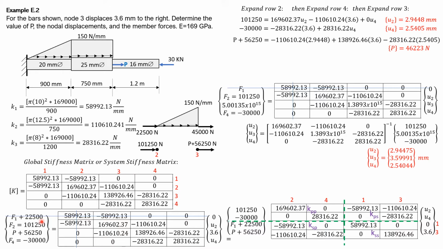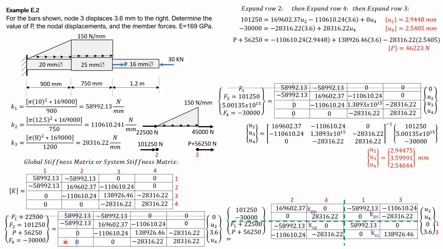So the technique is, if we expand row 2, luckily this is 0. So 101,250 equals this stiffness times 0, so that's still 0, plus this stiffness times U2, plus this stiffness times 3.6, plus 0 times U4, then we can compute U2.